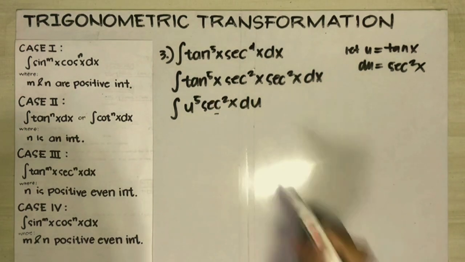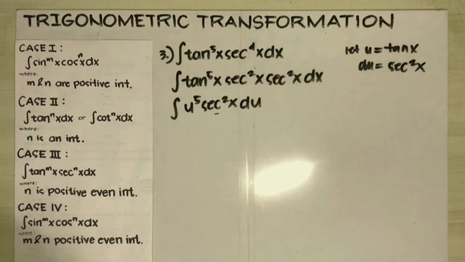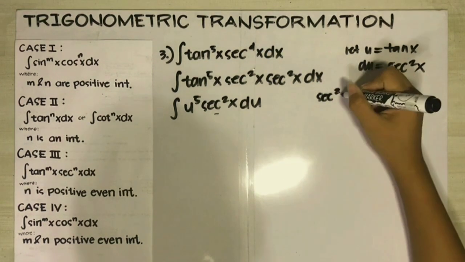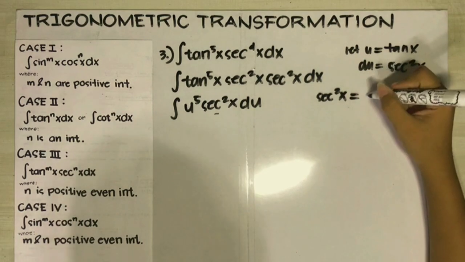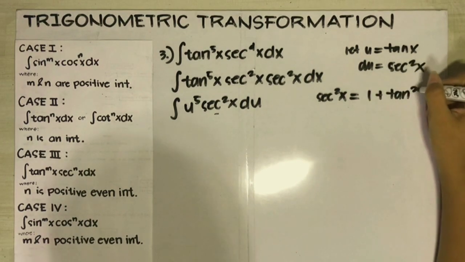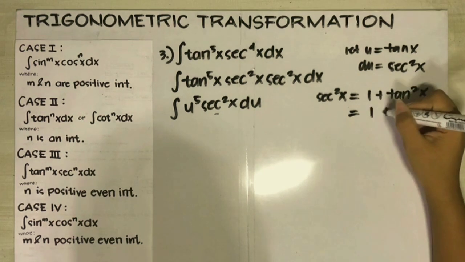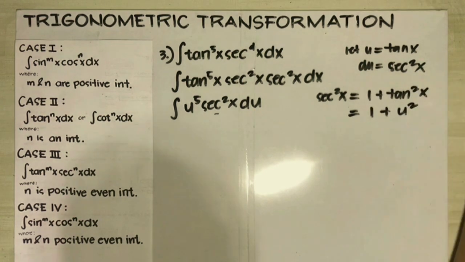We have the secant square x. So what we are going to do is to use the identities to integrate this one. So we know that secant square x is equal to 1 plus tangent square x. And this is equal to 1 plus u squared. Now, let's rewrite our equation.